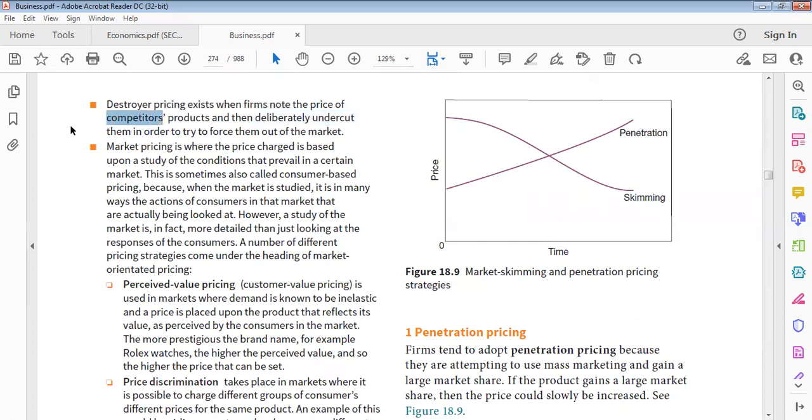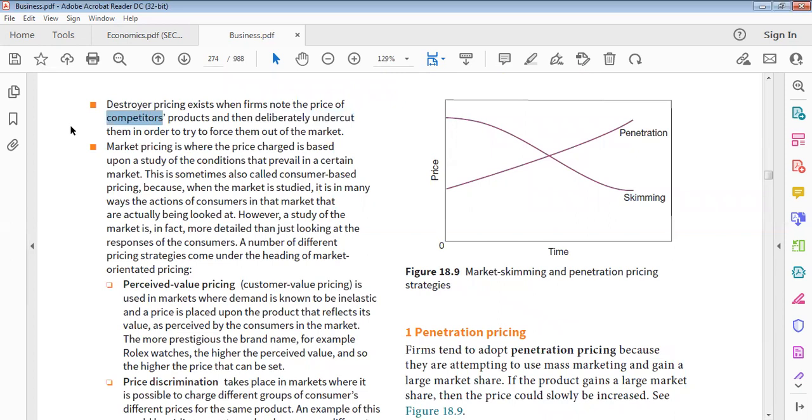So for example, everyone is selling a bottle of mango juice at $20, but you sell it at $5. Maybe the cost of each bottle of mango juice is $10, and the competitor, everyone in that market, is selling it at $20. So you come in and you sell at $5.